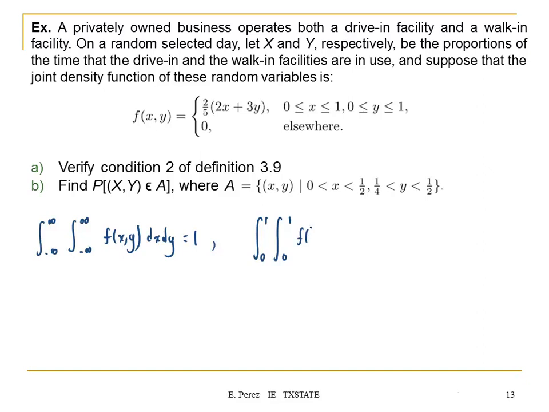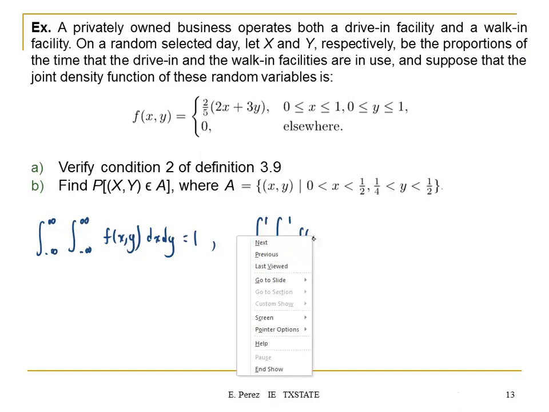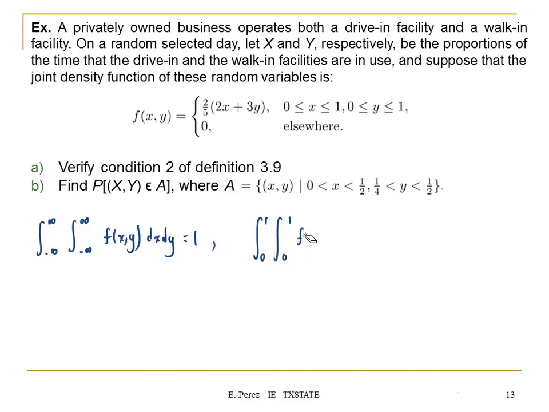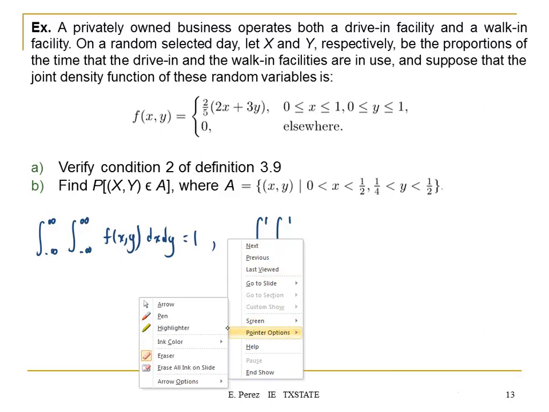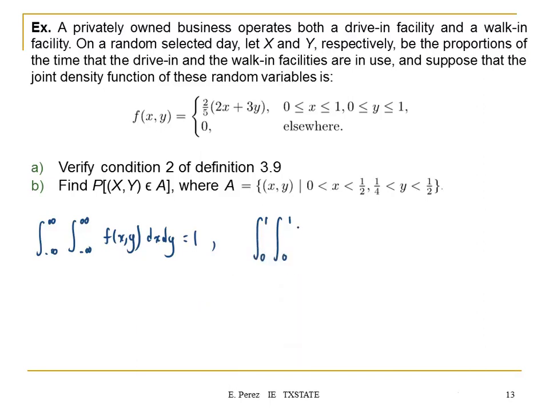Let me write the actual function: 2 over 5, 2x plus 3y, with respect to x and with respect to y. Okay, so that's the expression that we need to solve.